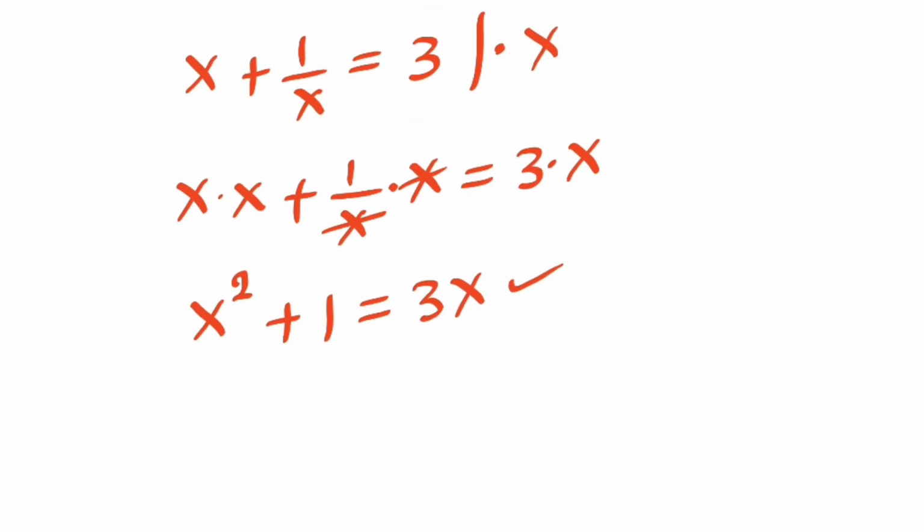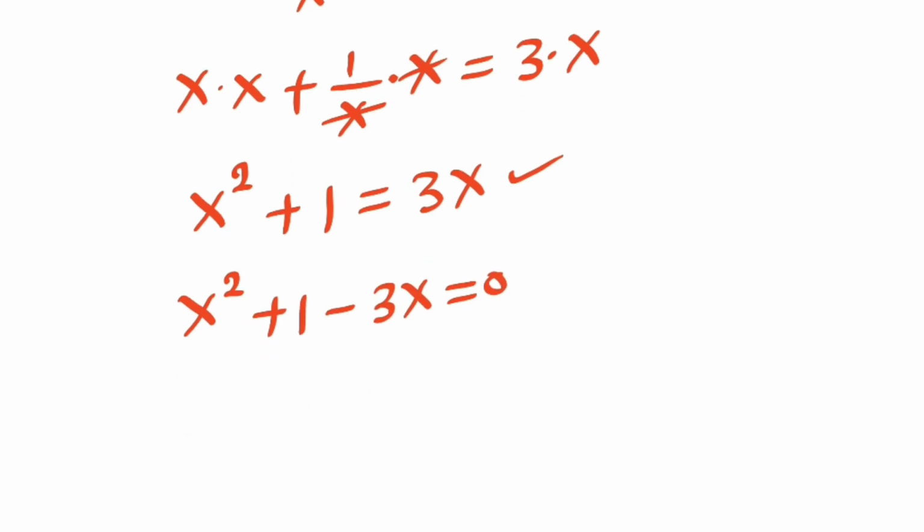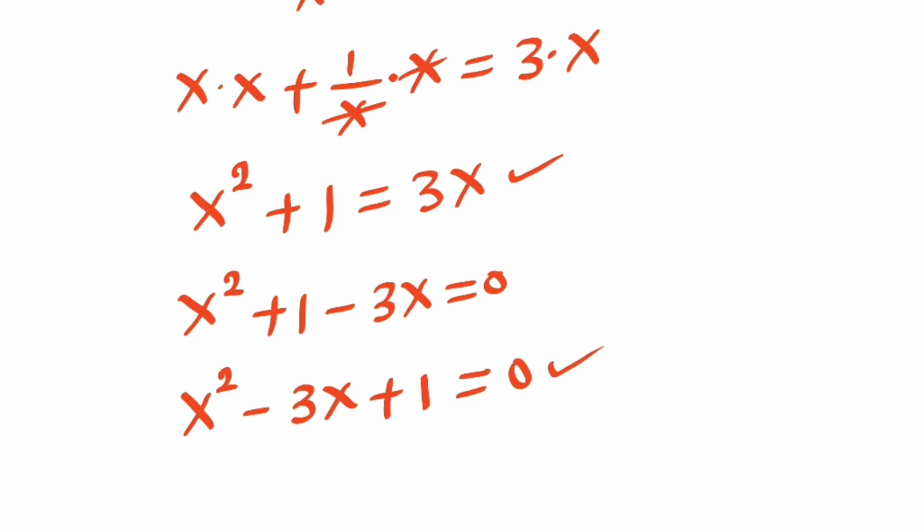Get the same thing. S square plus 1 minus 3s is equal to 0. Let us put this in standard form. S square minus 3s plus 1 is equal to 0. This is a quadratic equation.